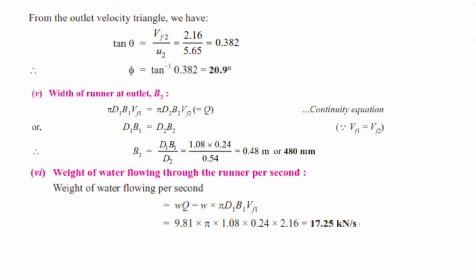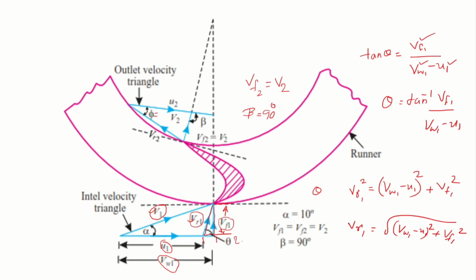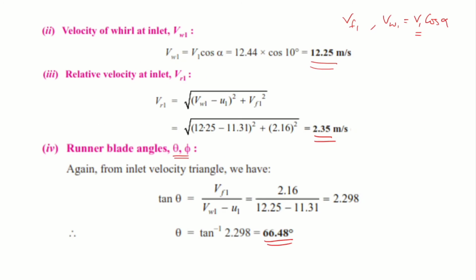Now from the outlet velocity triangle, this is the outlet velocity triangle. Taking tan phi, tan phi is equal to Vf2 divided by U2.